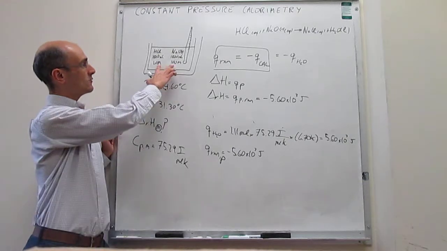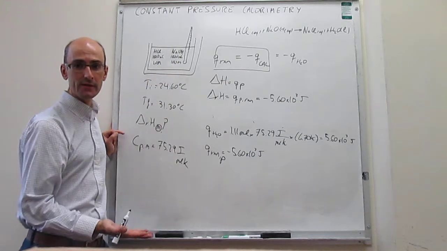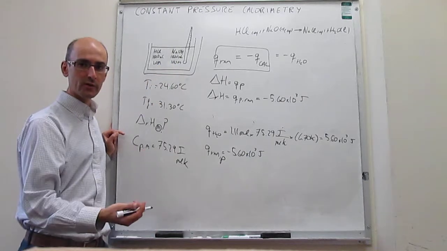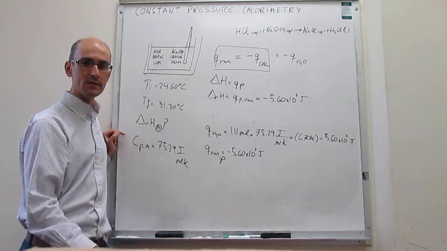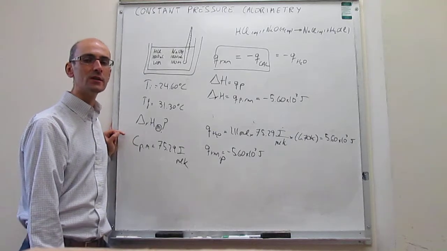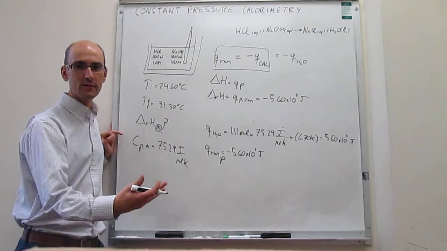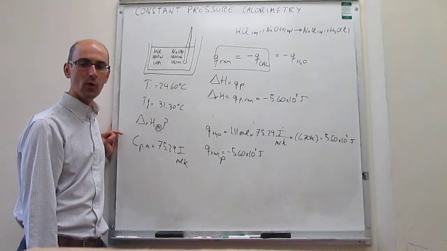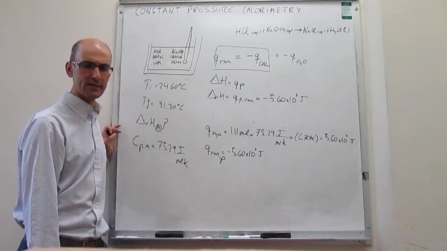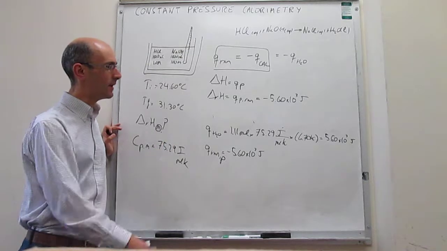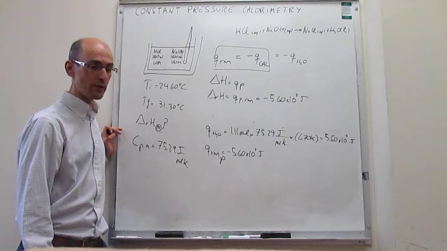It would not be the same to mix 100 mL and 100 mL than to mix 1 liter with 1 liter. The second process, where you have more reagents, would lead to a much larger release of energy as heat. So we would like to normalize this on a per mole basis, so calculate this per mole of reaction.